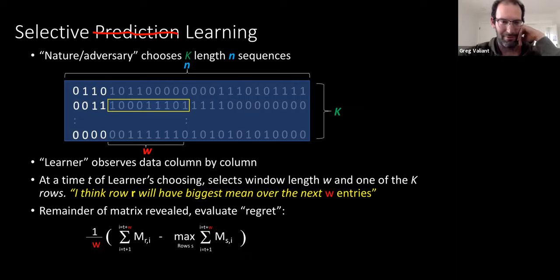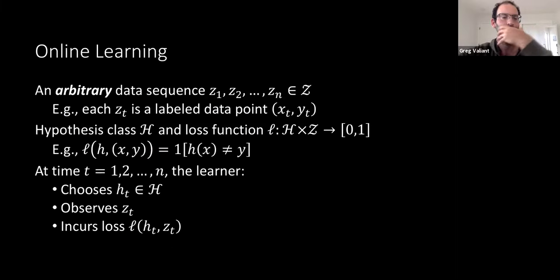Okay, so let me pull that apart a tiny bit. Maybe we don't really need to talk about this slide, but in the usual online learning setting, you think of some arbitrary data sequence, Z1 to Z sub n. Each of these data points is some labeled point, x sub t, y sub t. Maybe we have some hypothesis class H, some loss function, in this case some bounded loss function. And at each time step, we select a hypothesis in our class.